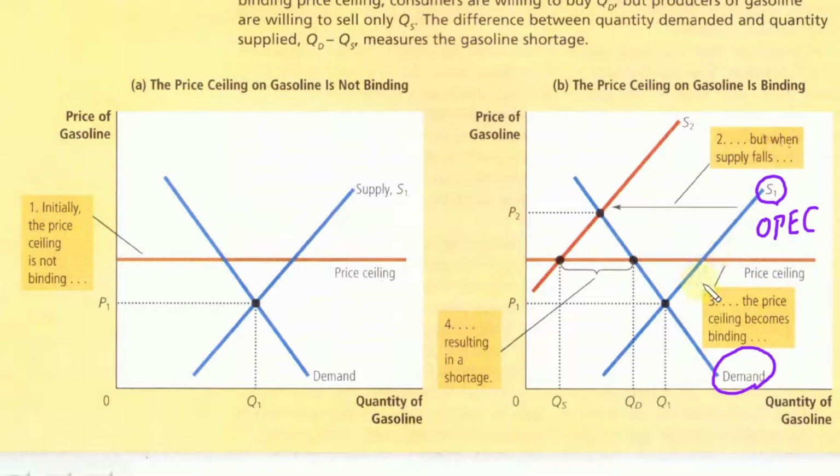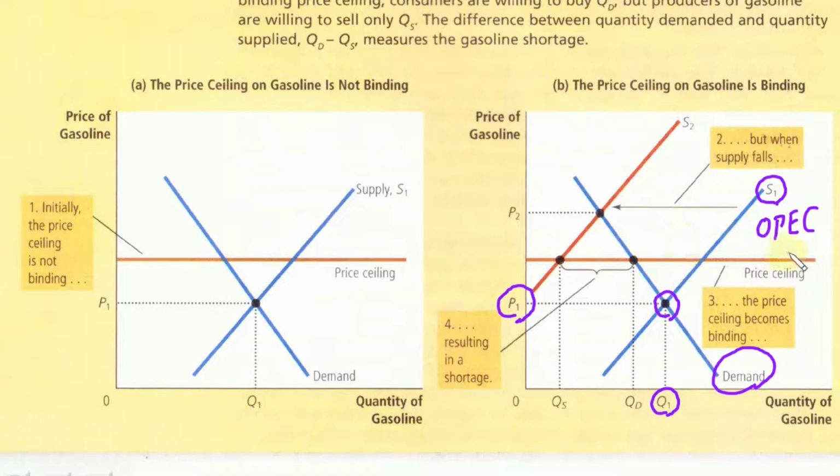So, in the market, according to these two lines, this is the equilibrium, the point where supply and demand meet, with price P1 and corresponding quantity Q1.